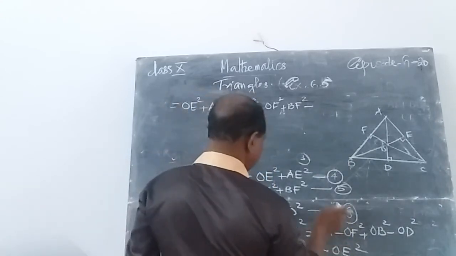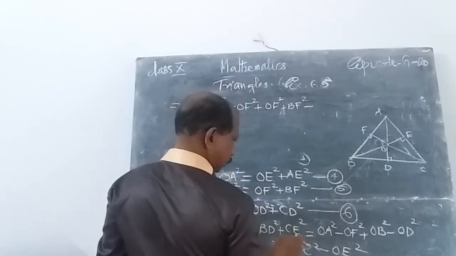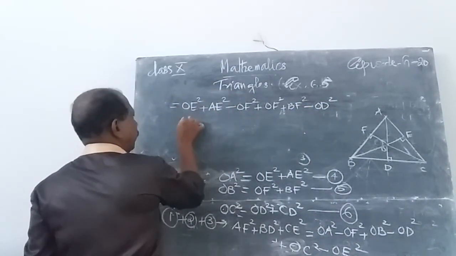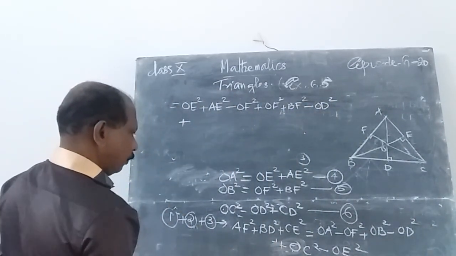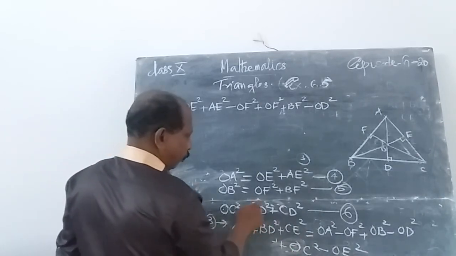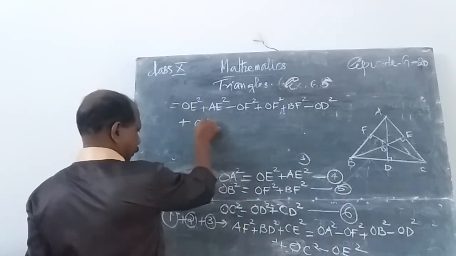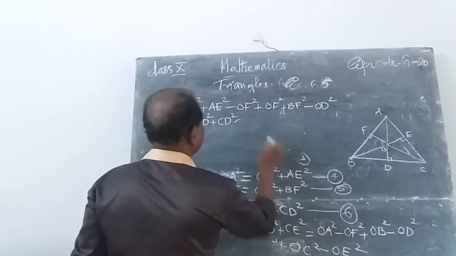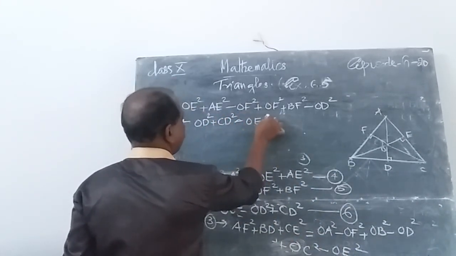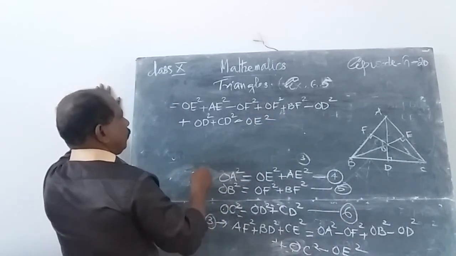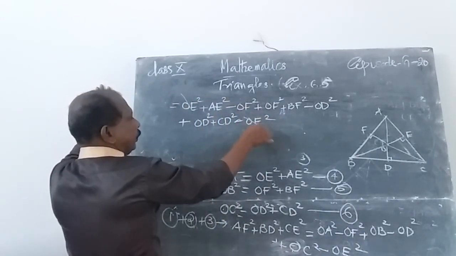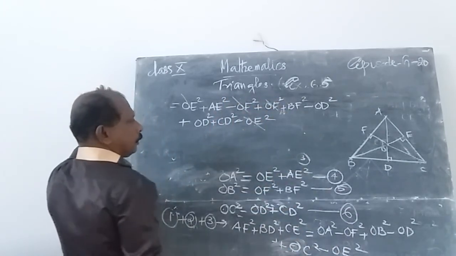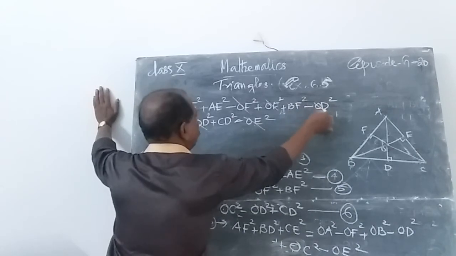minus OD square, plus, what is OC square? OD square plus CD square, minus OE square. Therefore, OE square minus OE square cancels, OF square minus OF square cancels, OD square minus OD square cancels.